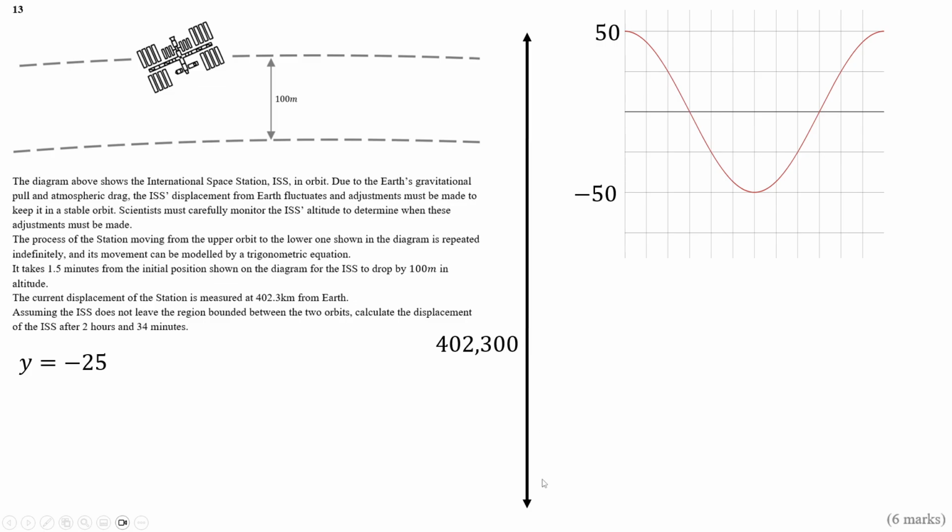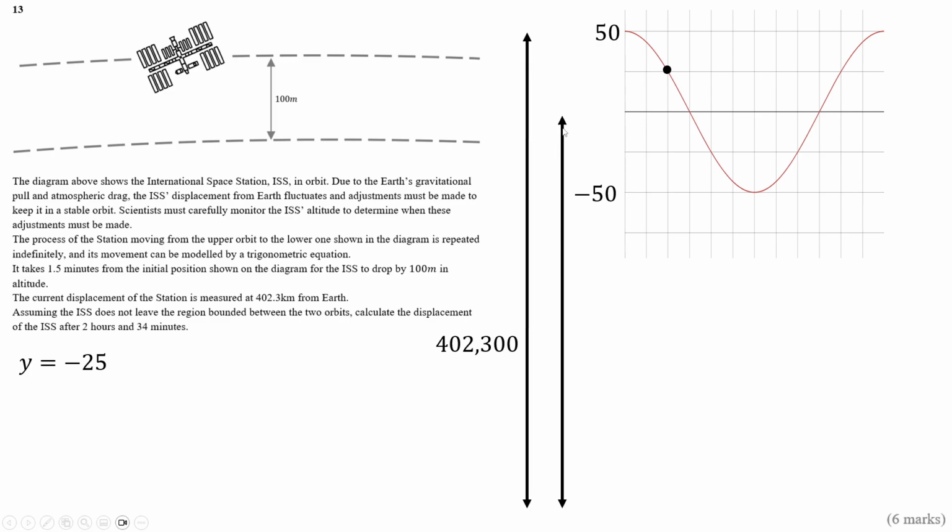Now let's just imagine a different solution. Imagine we got that y equals 25. How would we find the distance from here all the way to the surface of the Earth? Well, if this larger number is 402,300, and this number here was 25, then this distance here would be 402,300 take away 25.